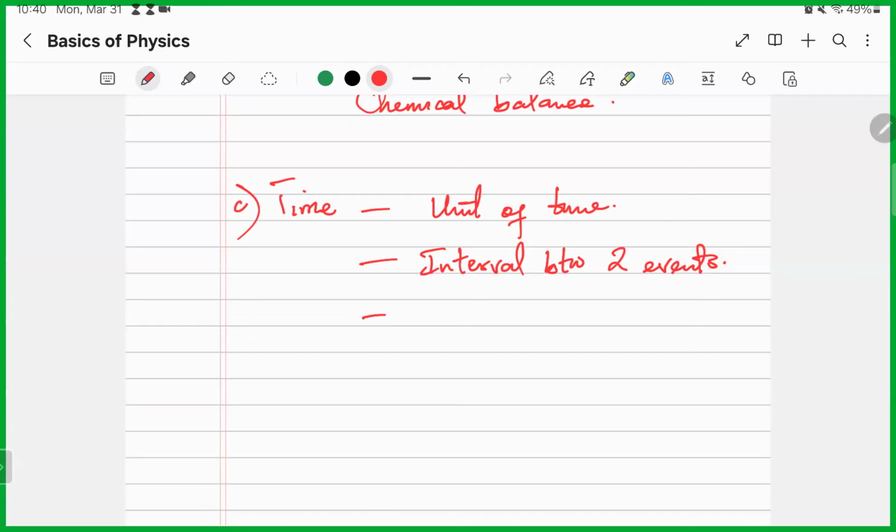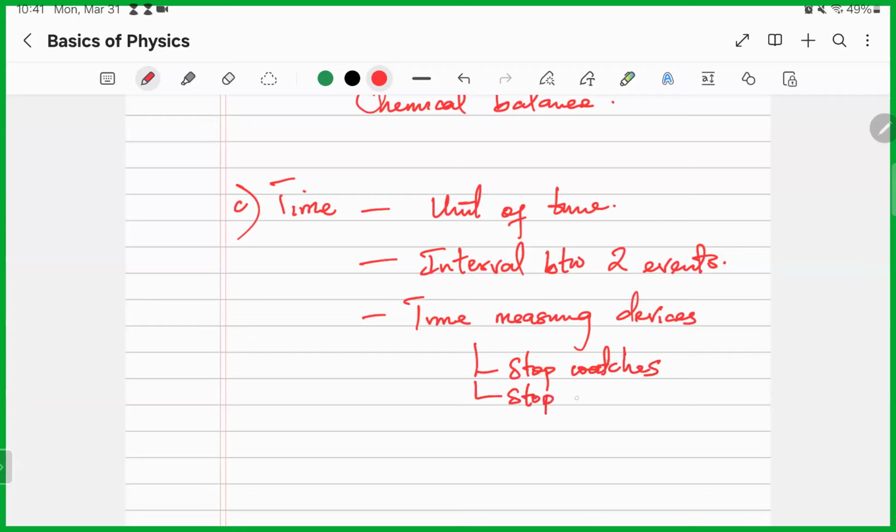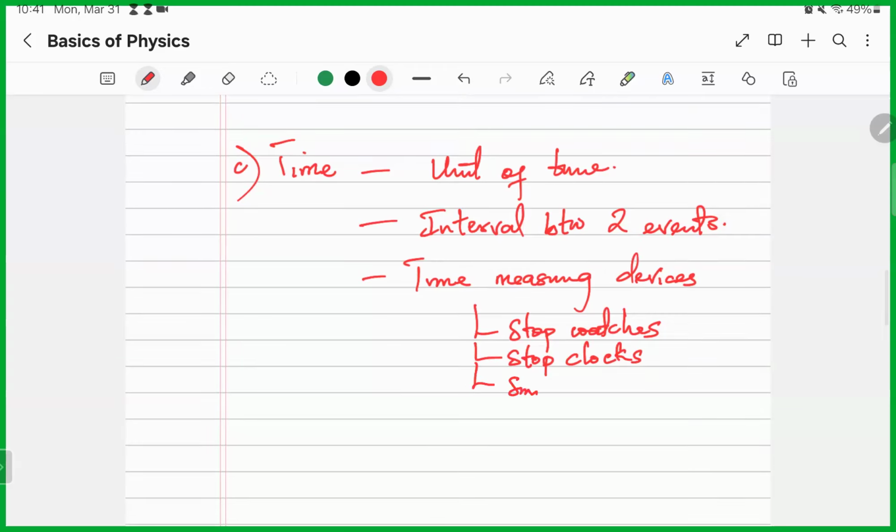Then we'll talk about time measuring devices. Under that we'll talk about stopwatches, stop clocks, the simple pendulum or pendulum clocks, and ticker timers.